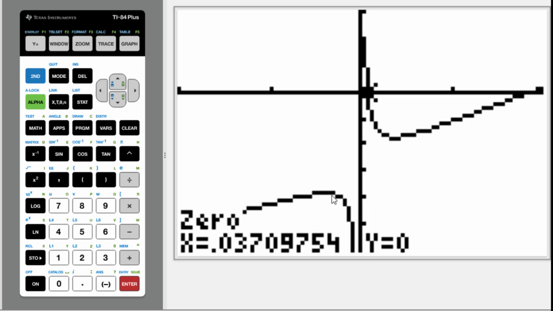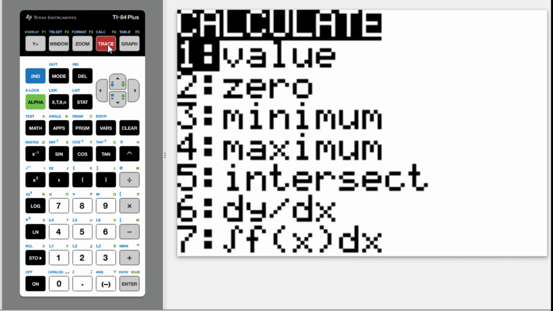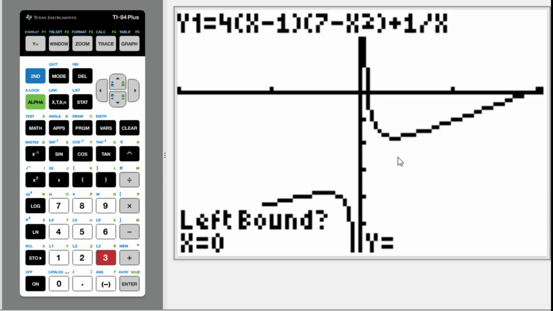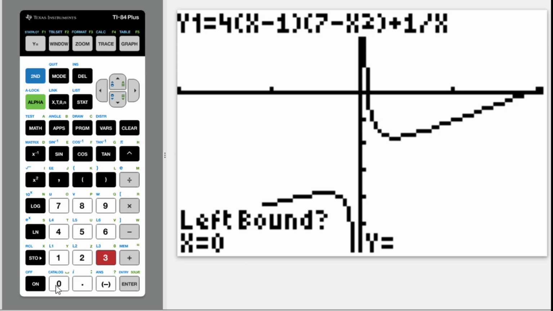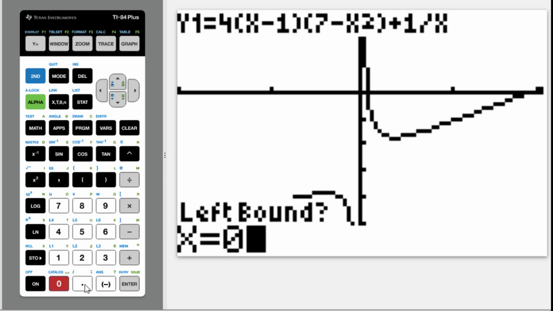Then we can figure out this maximum and minimum. So second trace, go to 3. Minimum, let's do 0.01.